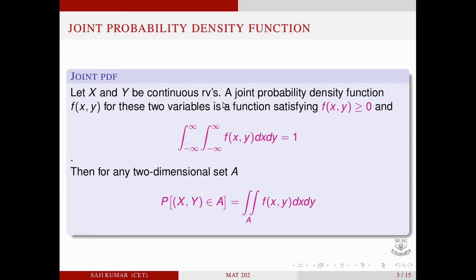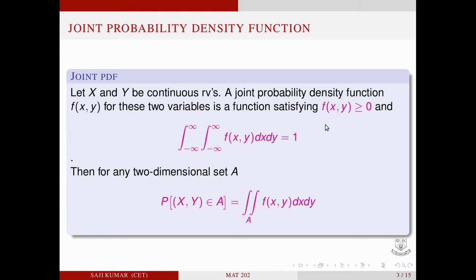See, all these concepts are similar to the single random variable continuous case, where a function f(x) is said to be a density function of the continuous random variable provided it must satisfy the non-negativity condition and the total integral from minus infinity to infinity of that density function is equal to 1.